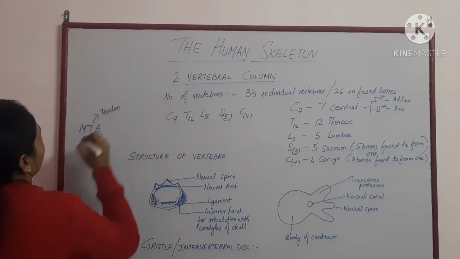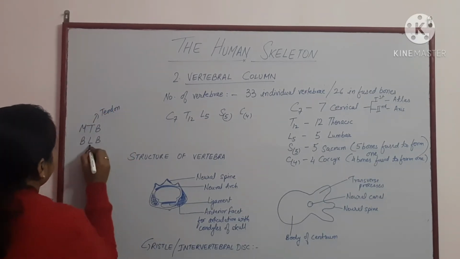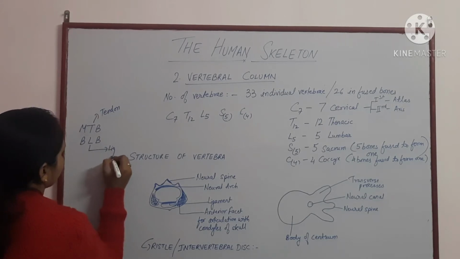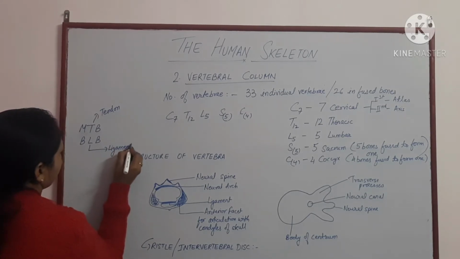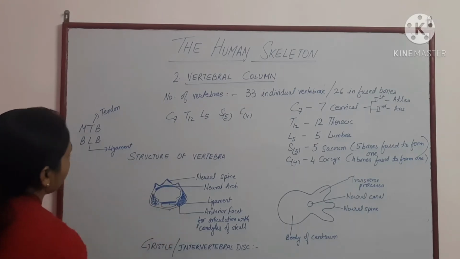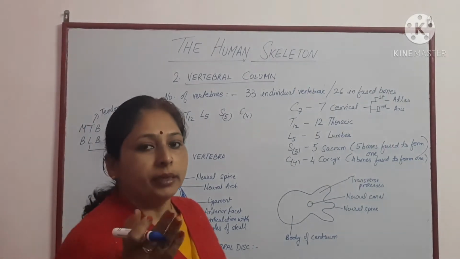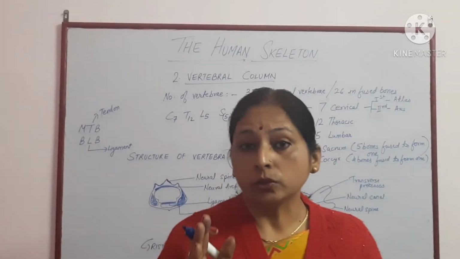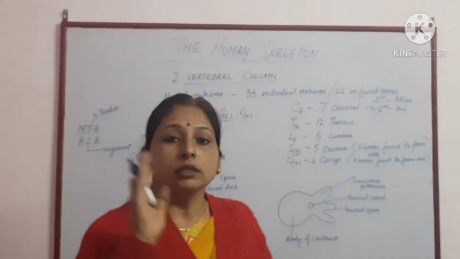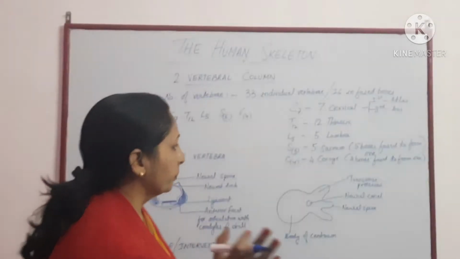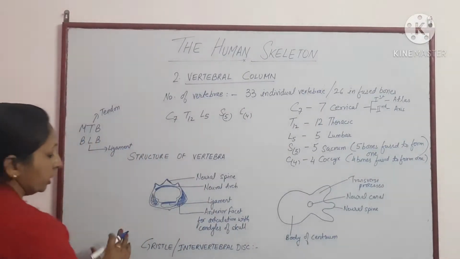Joining a muscle to bone is by tendon, and bone to bone is by ligament. So bone to bone joining is by ligament. Muscle to bone, tendon, MTB. So this is about the structure.